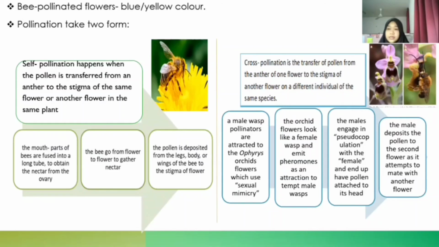The male will engage in pseudo-copulation, which is the act of mating with the flower, and end up having pollen attached to its head. The male will deposit the pollen to a second flower as it attempts to mate with another flower. So that's how the cross-pollination occurs.